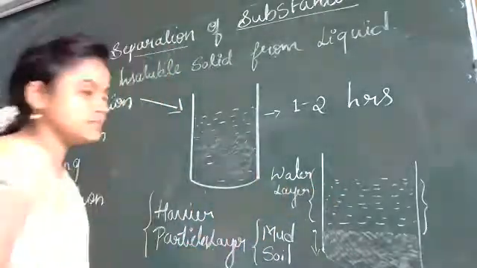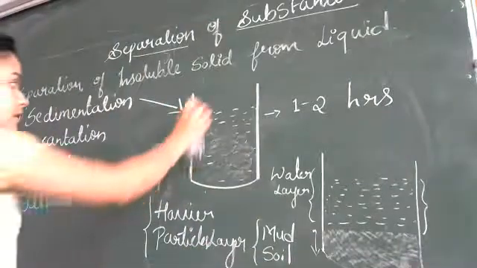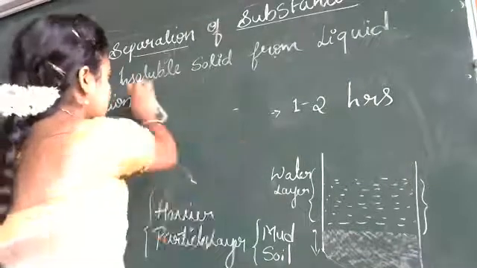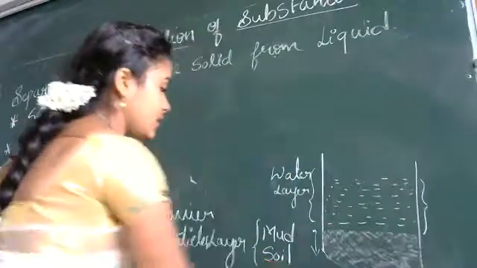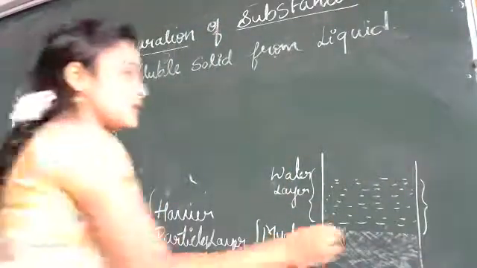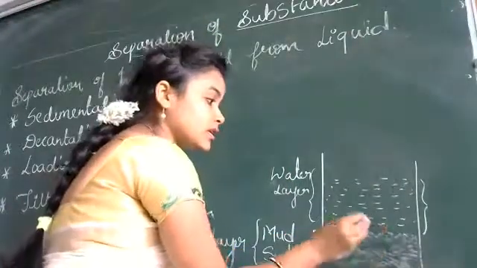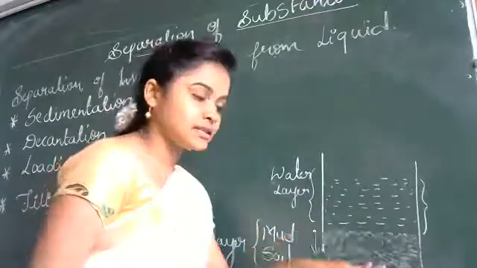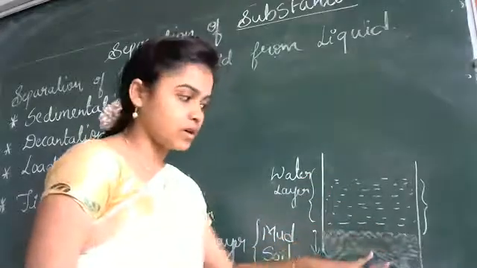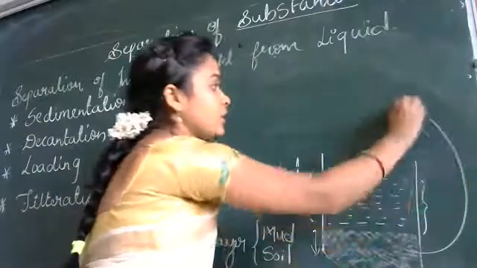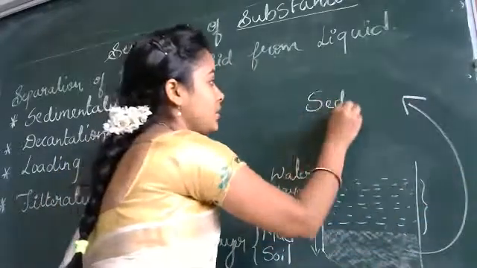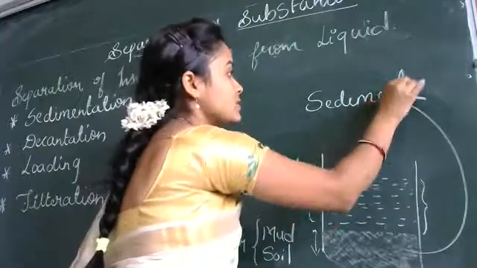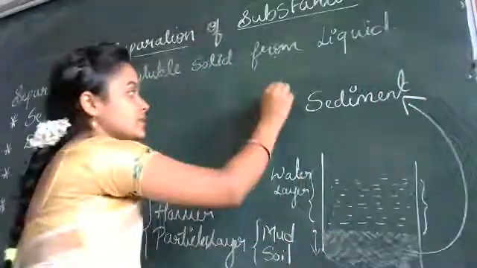And one more thing, here we have seen the sedimentation process, right? The soil or mud which has settled down at the bottom of this water, that we call a sediment.